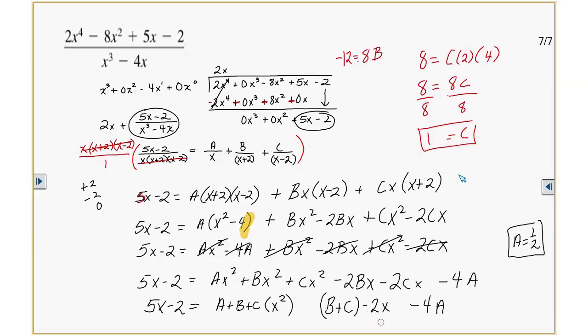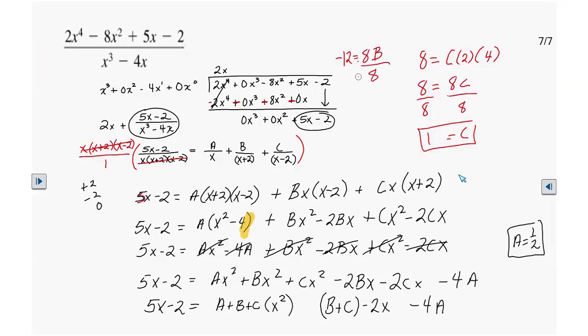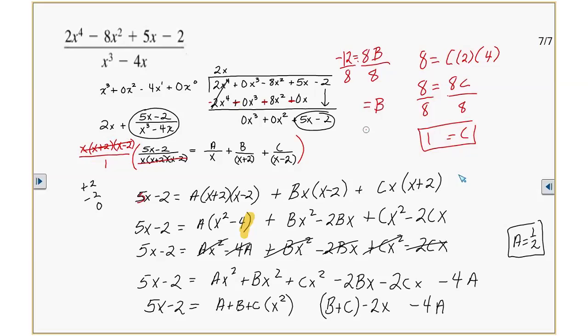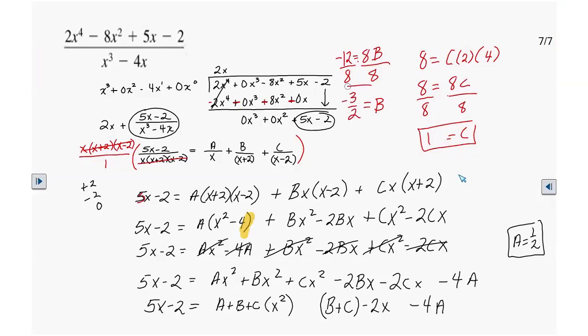Let me check it. Negative 2 times 5 is negative 10, minus 2 is negative 12. Negative 2 minus 4 times negative 2 is 8, that's going to be positive 8B, right? Divide by 8. B is equal to negative 3/2. Write that down.